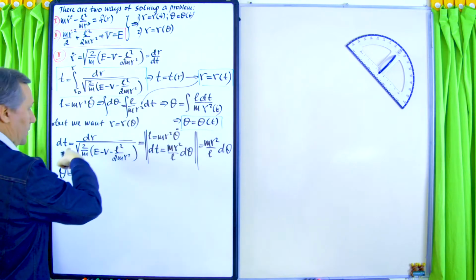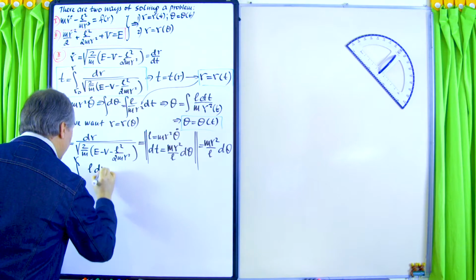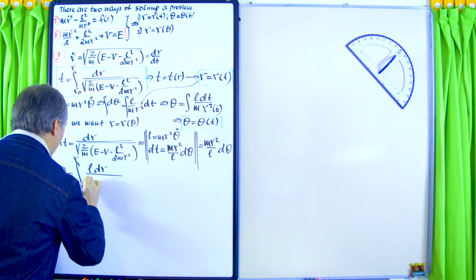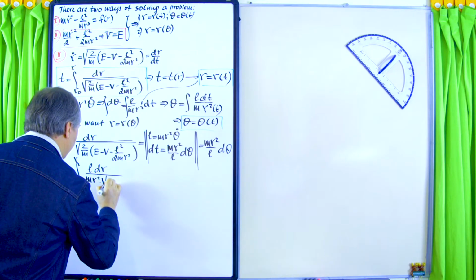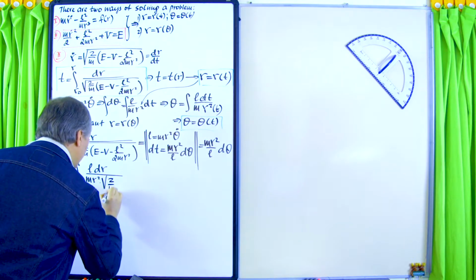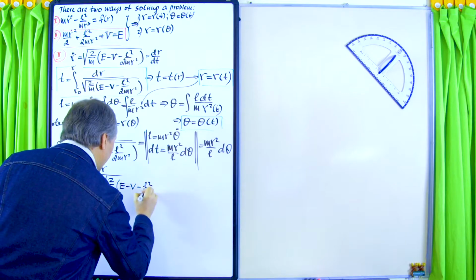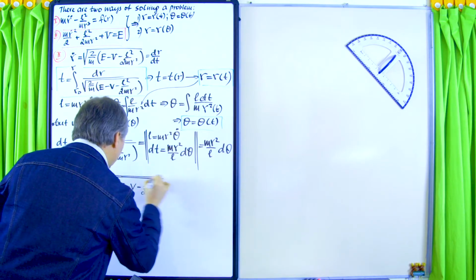This goes up here, L dr divided by mr squared, and that's the square root of 2 over m times (E minus V minus L squared over 2mr squared).